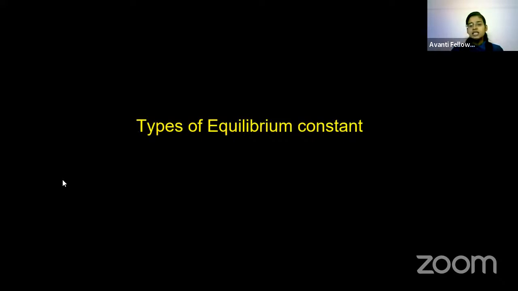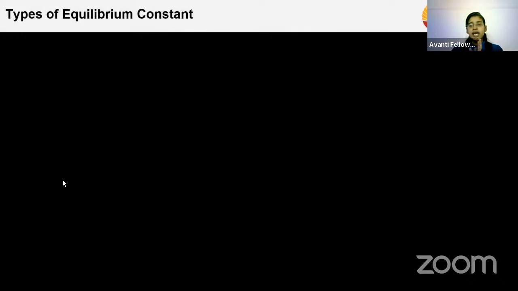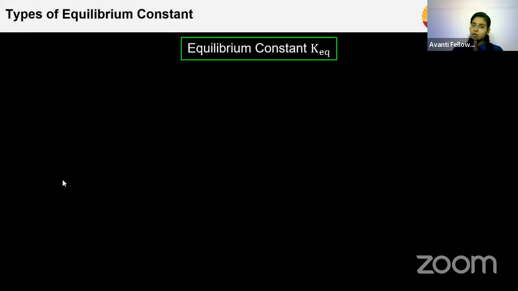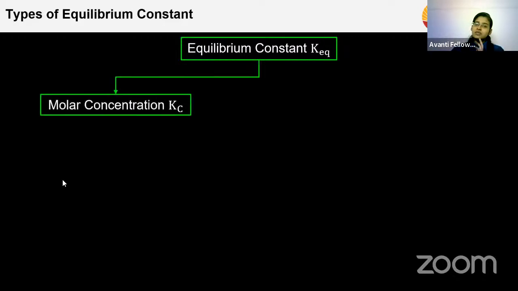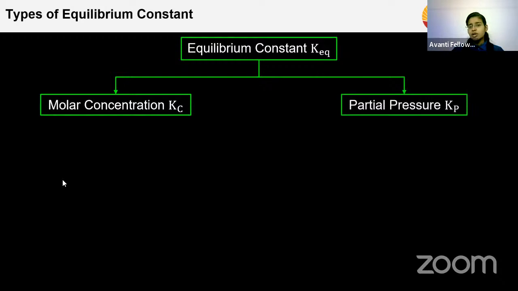So what is equilibrium constant? KEQ is called the equilibrium constant. It has two types. One is in terms of molar concentration, which is represented by Kc, and the other is called partial pressure, which is represented with Kp.